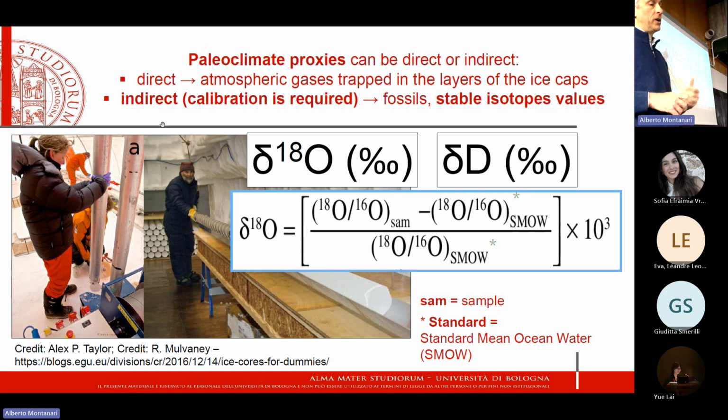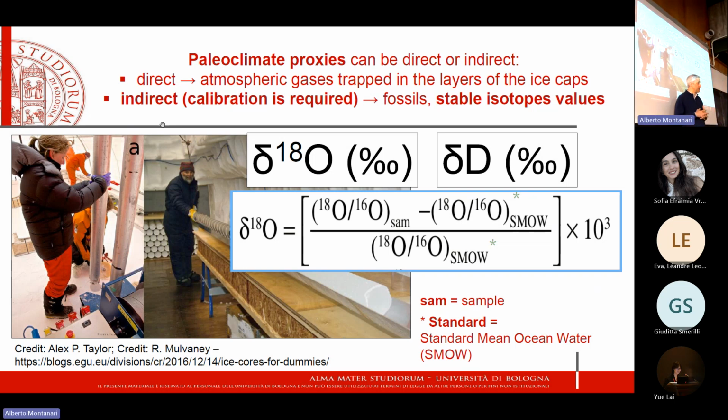Isotopes may refer to different elements. What is very frequently used is the oxygen isotope, or deuterium, which is the isotope of hydrogen. Definitely, we use much more the oxygen isotope, which is embedded in the atmosphere and in water. And here you see the isotope called oxygen 18, with the symbol δ18O.